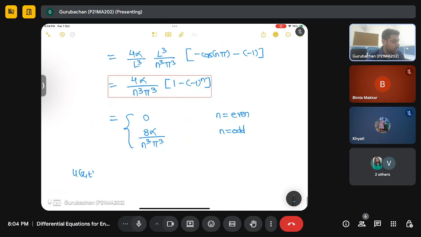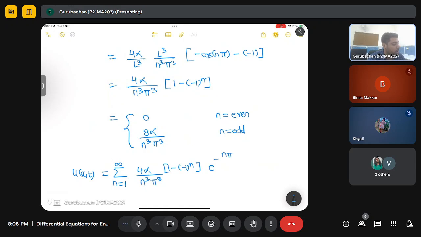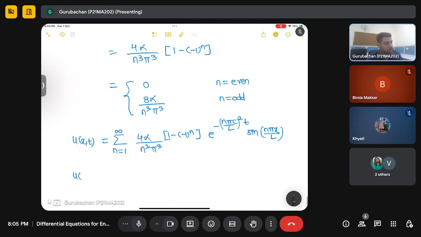Your u x t in this case will be the summation over odd n. Only the odd number series is valid, but let me write the general series first: n from 1 to infinity, 4 alpha over n cube pi cube, times 1 minus minus 1 to the power n, times e to the power minus n pi c by L whole square t, times sin n pi x by L. One way to mention u x t is this.